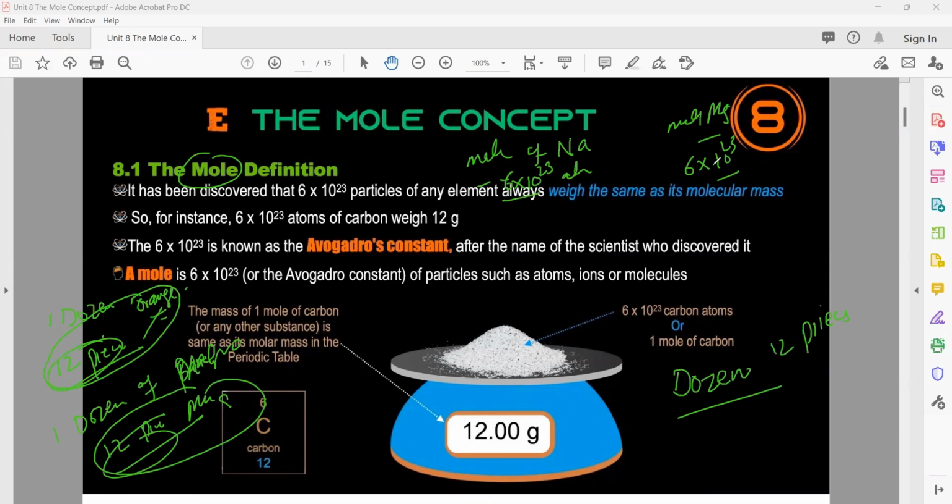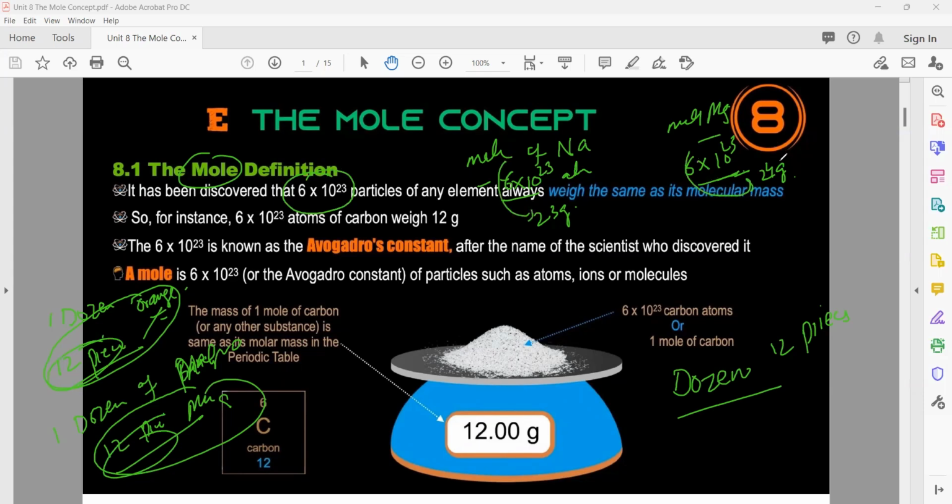So the number of atoms is the same, but when you talk about the mass, 1 mole of sodium has a mass of what? 23 grams. 1 mole of magnesium has a mass of what? 24 grams. Like this. A mole of any substance has the same number of atoms, but the mass of 1 mole is different.